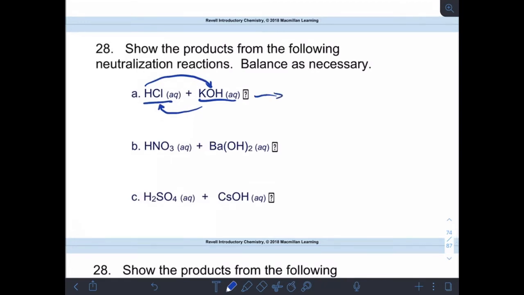The other thing to notice is that HCl starts with a hydrogen, that means it's an acid, and compounds that end in OH are usually bases. So acid plus base makes a salt and a water. So I know for sure that one of my products is H2O. And my other product is KCl.